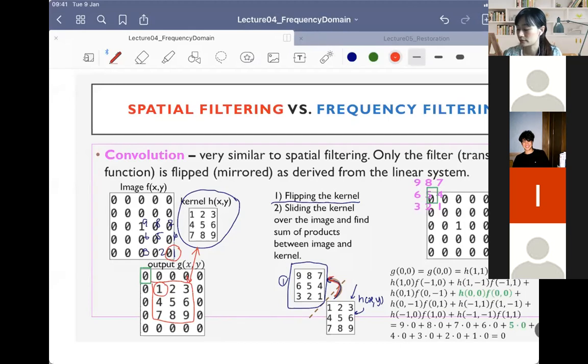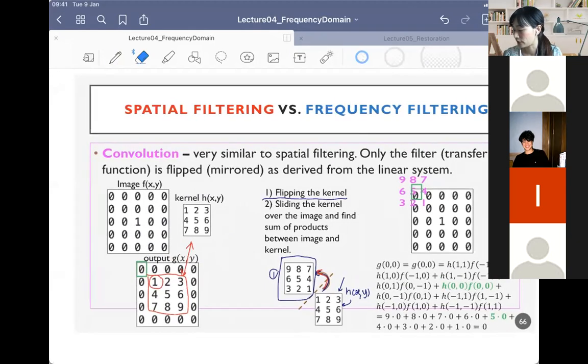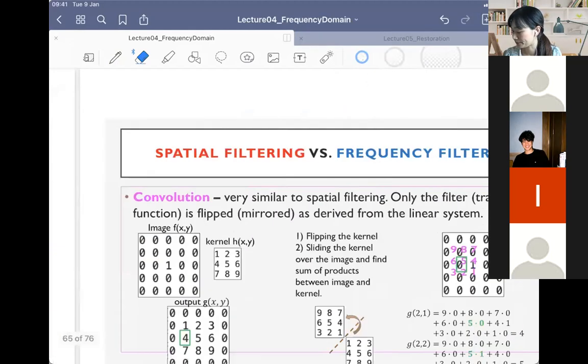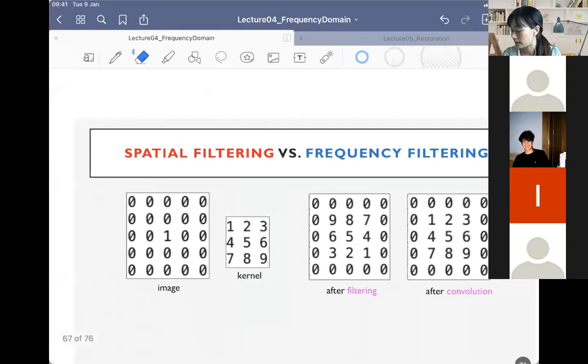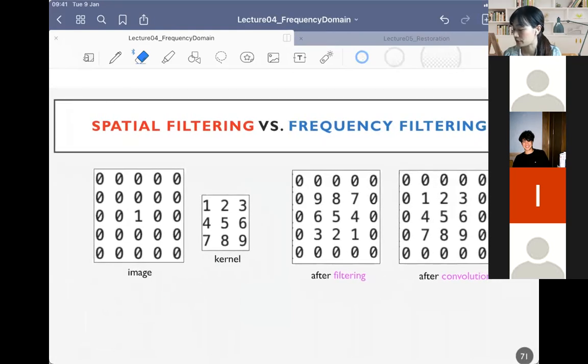Do you notice anything in the result? If not, I'll show you this slide then. These are the processes. If I cannot explain more clearly, you can take a look at it later.